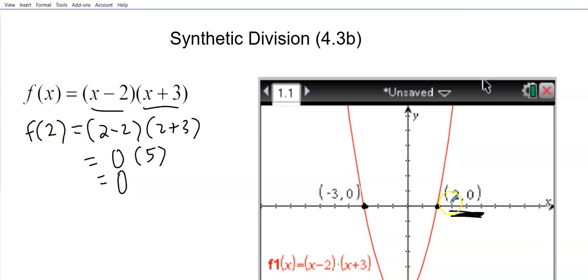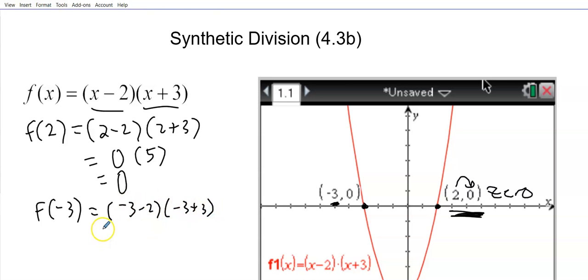Well, that's interesting. We plugged 2 in and we got 0 as the result because, remember, this point is called a 0 of the polynomial, or a solution of the polynomial is 2. If you plugged in negative 3 in this one, I wonder what you'd get. Let's plug in negative 3 and see what we get. So we get negative 3 minus 2 times negative 3 plus 3, which is negative 5 times 0, which is 0.